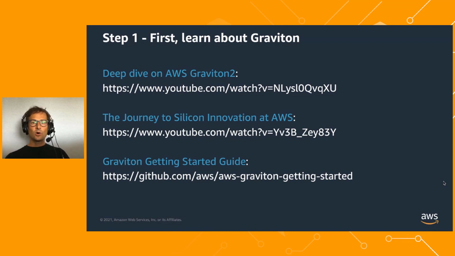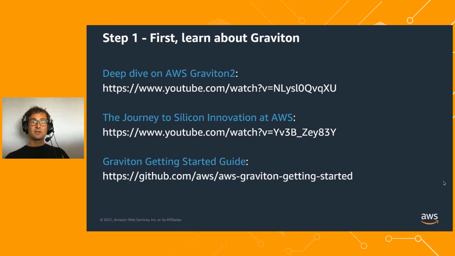And the second one is a broader one about the journey to silicon innovation at AWS, where Ali Saidi explains why we are building custom silicon, the different areas at AWS where we design those custom silicon, and why it's bringing better performance at lower cost for our customers.